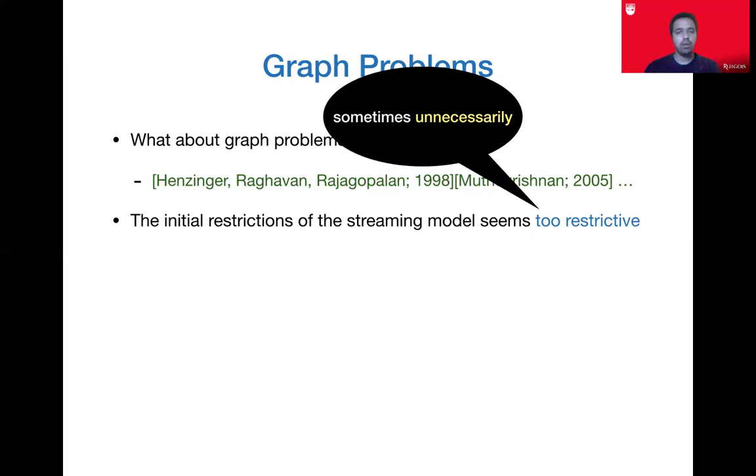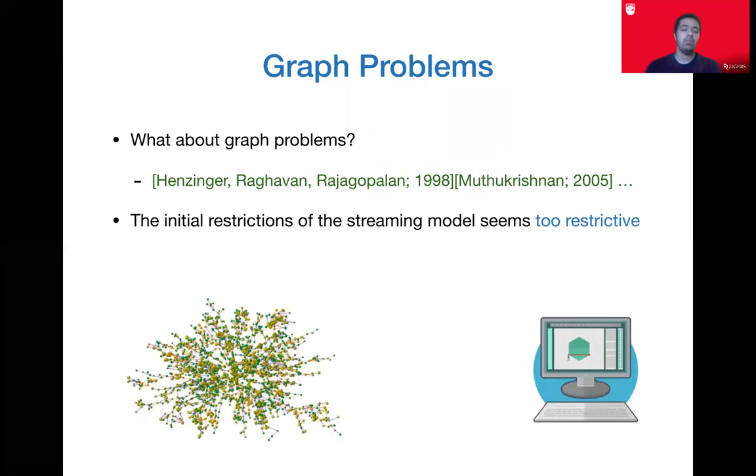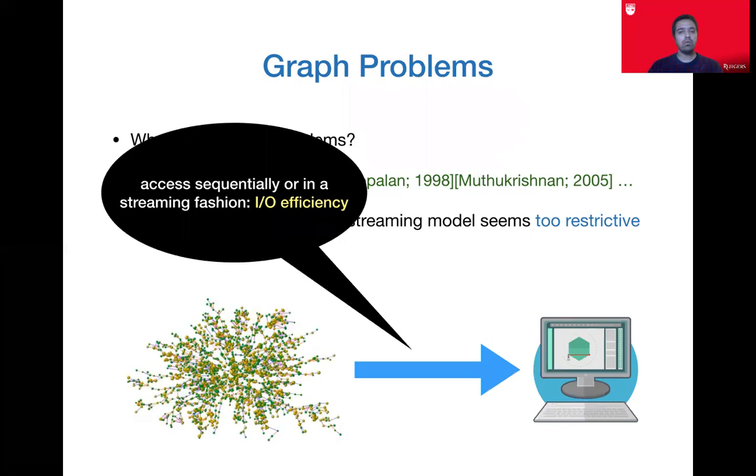Let me show you an example of streaming algorithms. Say you have these social networks and you want to process them on your laptop. Streaming algorithms are super useful here because you can just read this network in one pass, go over the hard drive or wherever this graph is stored, sequentially, which makes it very efficient in terms of I/O.